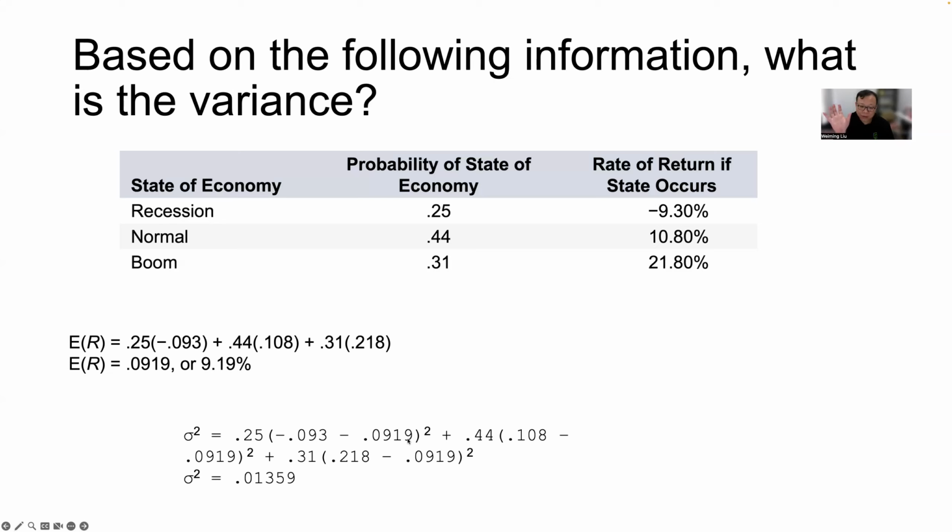Then you square it, and you also apply the probability 0.25. The second term is about the normal state, and the last term is about the boom state. Then I have the variance calculated to be 0.0134559.